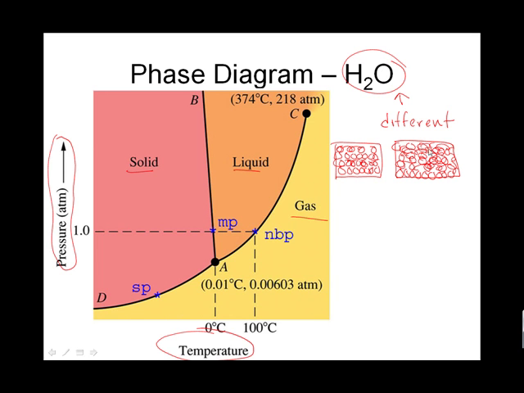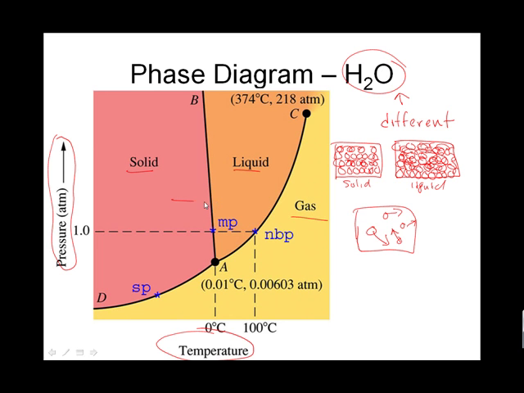Even though there are lots of particles around, they just have the momentum to become a liquid. And so this is a liquid. And in a gas, the particles are really spaced apart because I have low pressure. And they are fast moving. So they tend to be a gas.